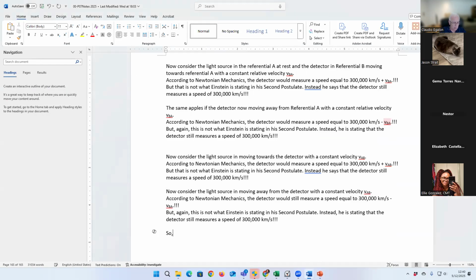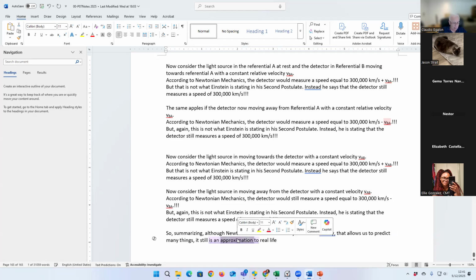In summarizing, although Newtonian mechanics is a very successful theory that allows us to predict many things, it still is an approximation to real life.